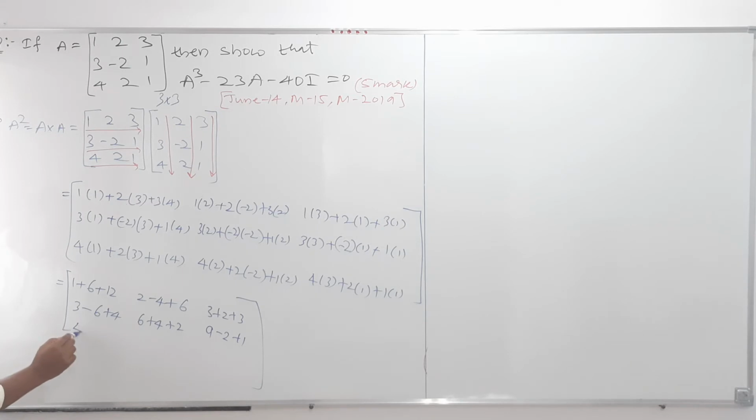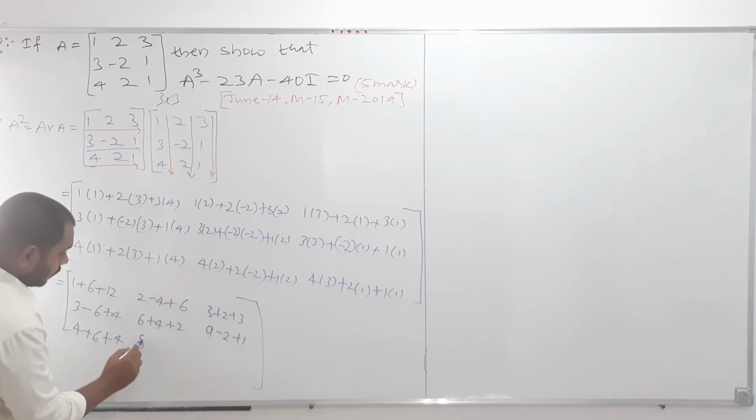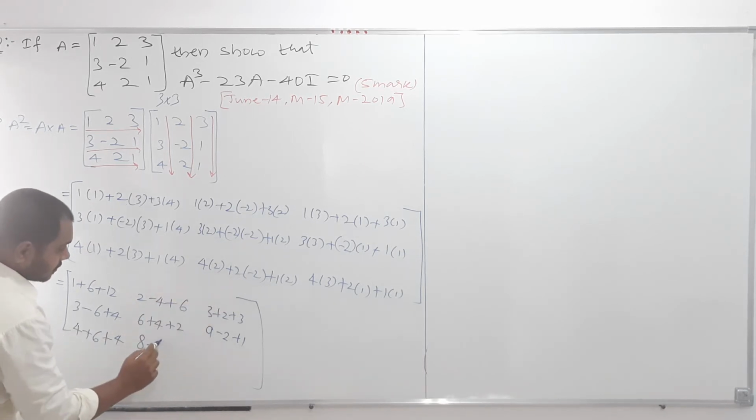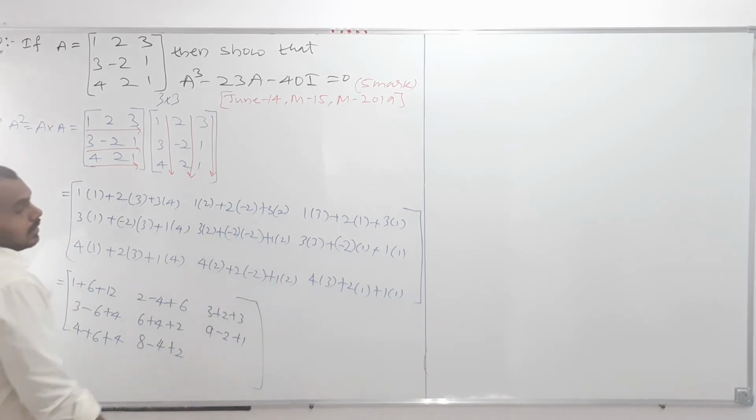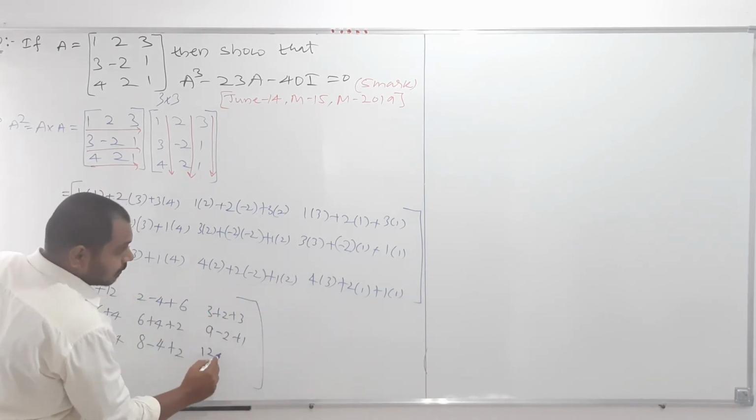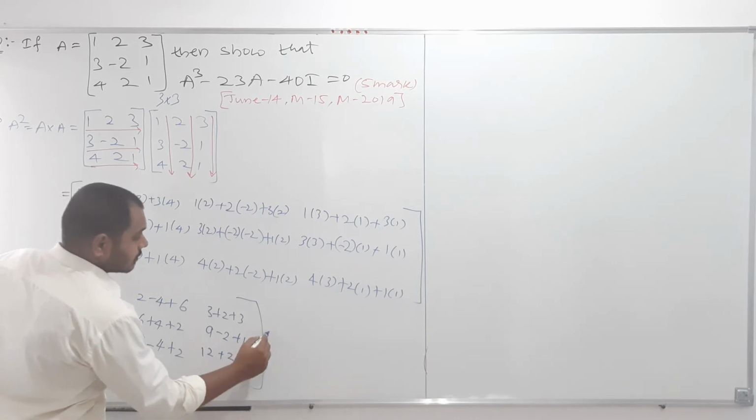And next 4 into 1 is 4 plus 6 plus 4. Next 4 2s are 8 plus minus minus 2 2s are 4 plus 2 1s are 2. Next 4 3s are 12 plus 2 plus 1.